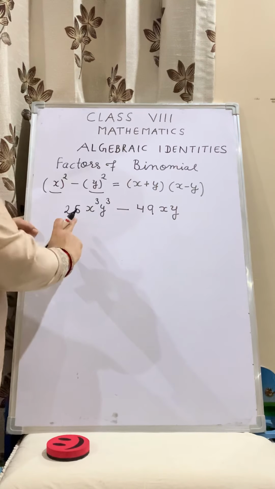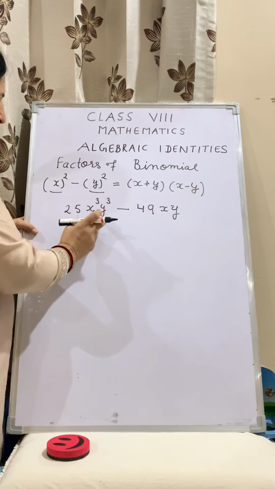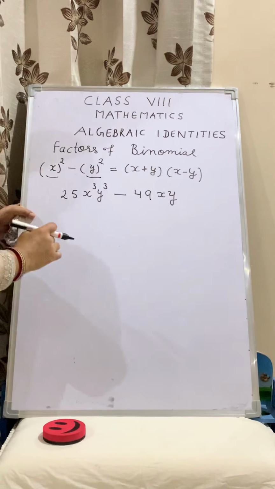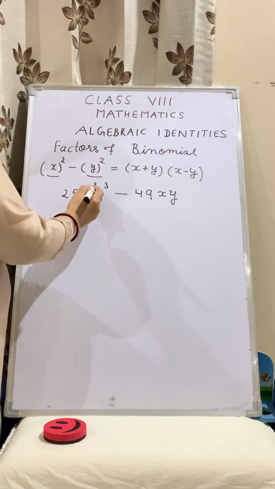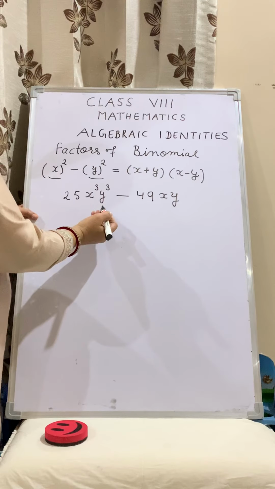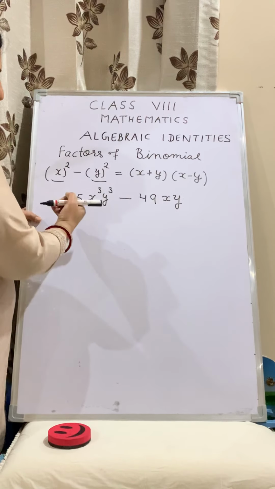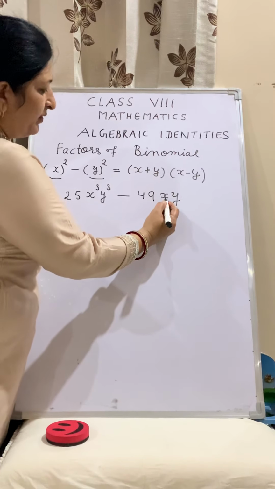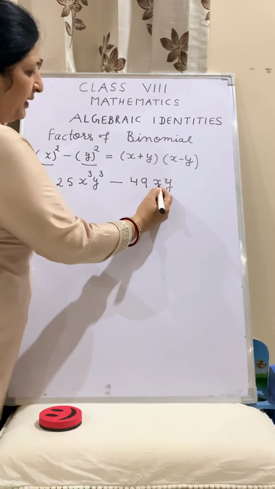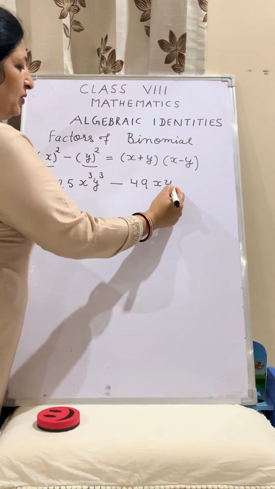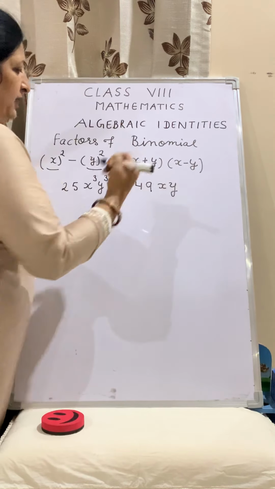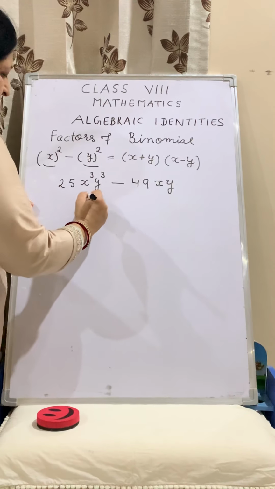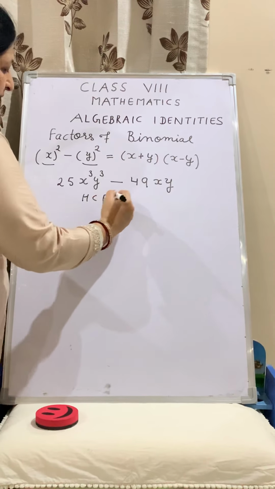It is the whole square of the first and it is the whole square of second, but x cube is not the square of any number. It is the whole cube of x. It is also the whole cube of y. It is not the square of any number, x, and it is not the whole square of y. So we will take the HCF. HCF will be xy.